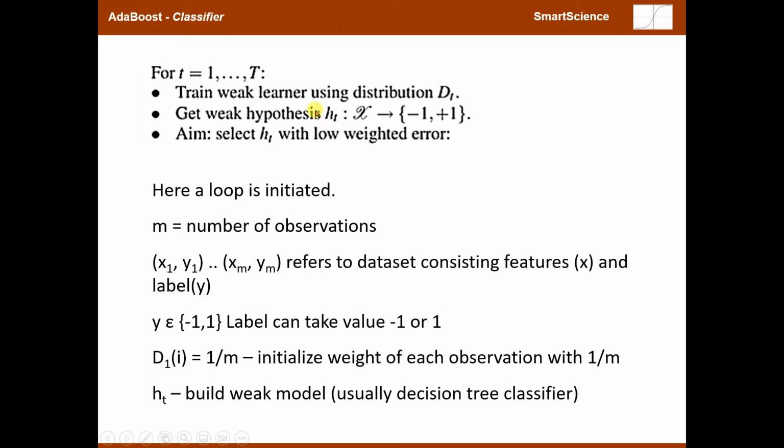So don't get confused by statistics models versus machine learning hypothesis. Here it is the same thing. So hypothesis is actually model. So we will get these models ht, where t varies from 1 to capital T.